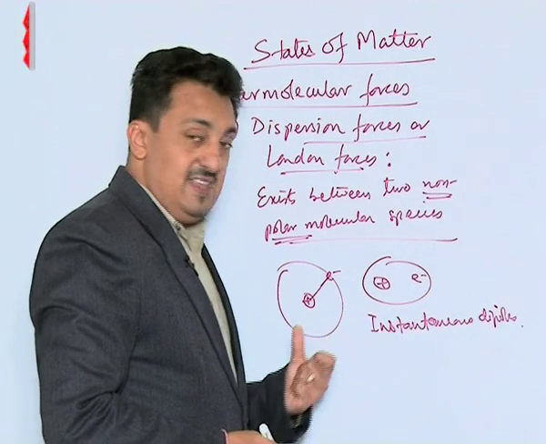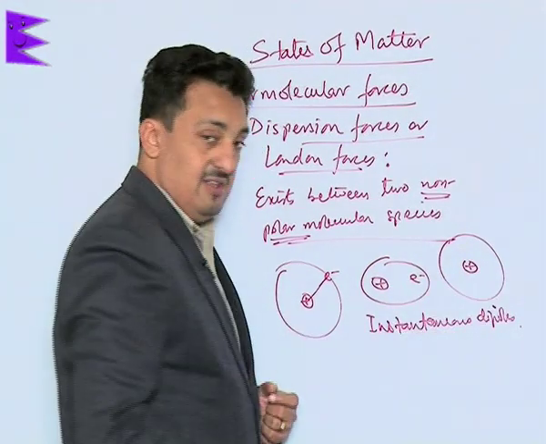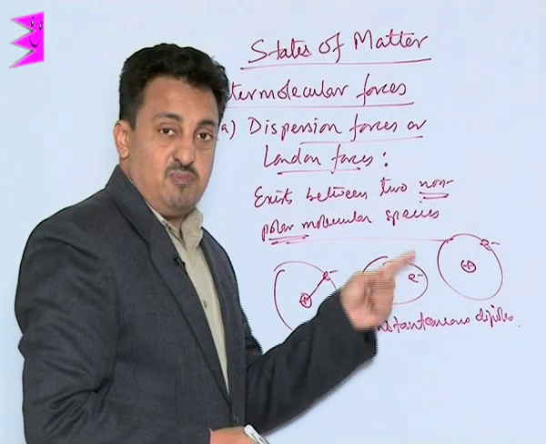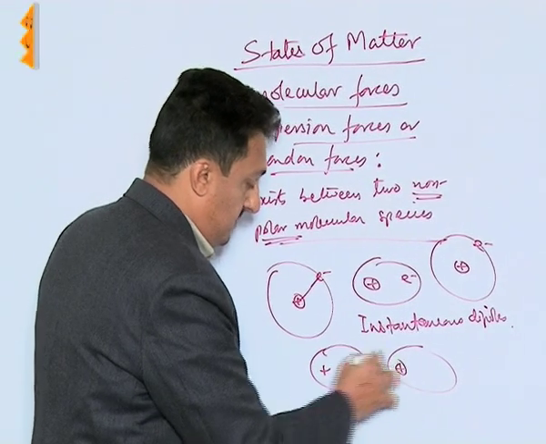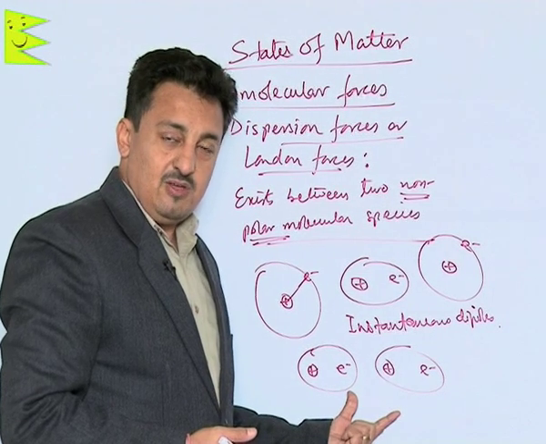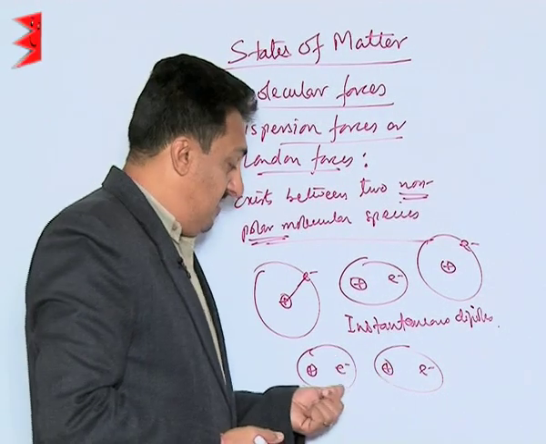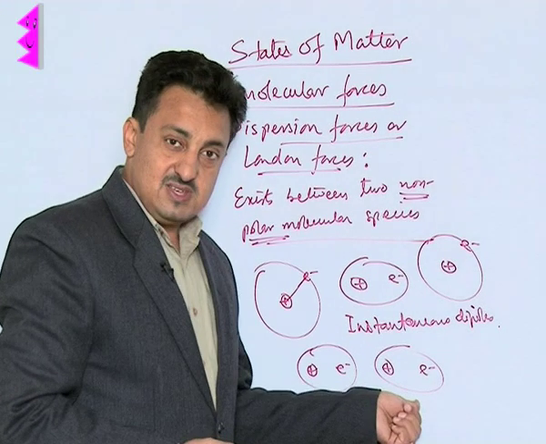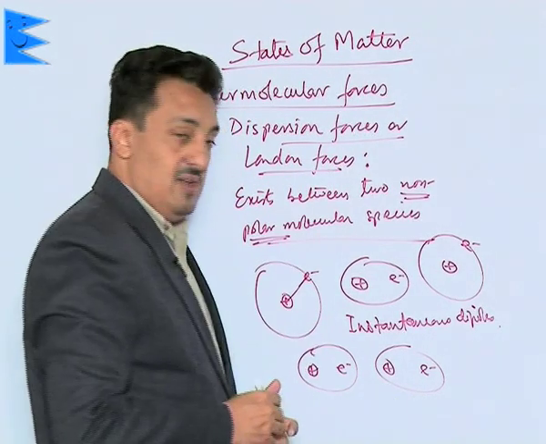These instantaneous dipoles distort the electronic clouds of the other such molecular species and also induce polarity in them. Here also we have instantaneous dipoles. The forces of attraction developed between them are called dispersion forces or London forces.